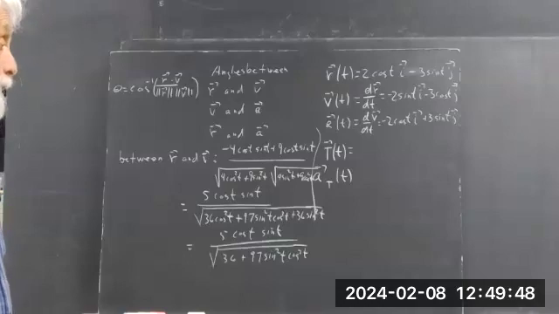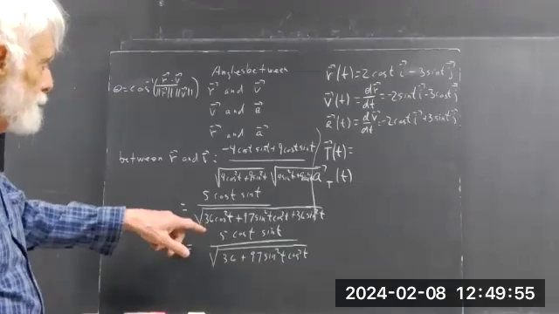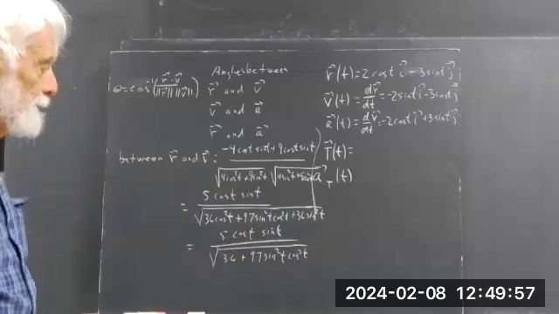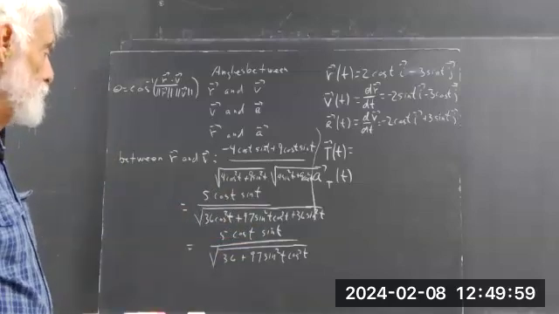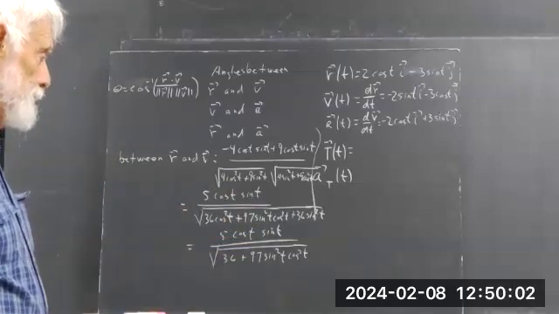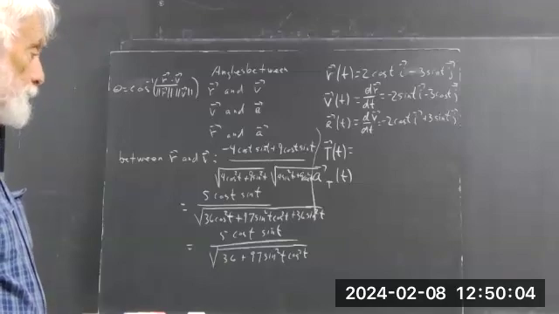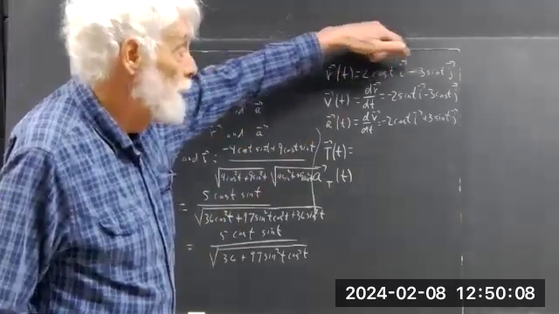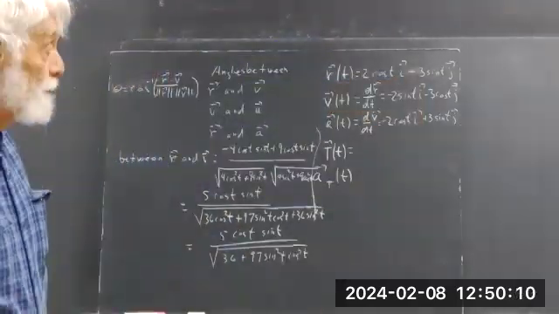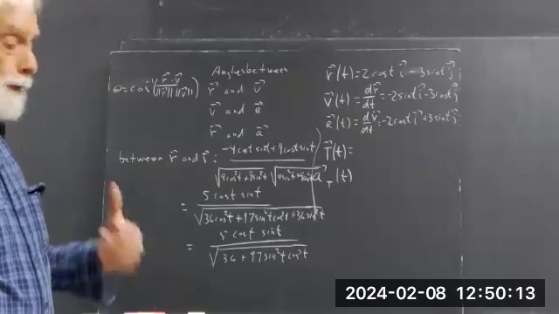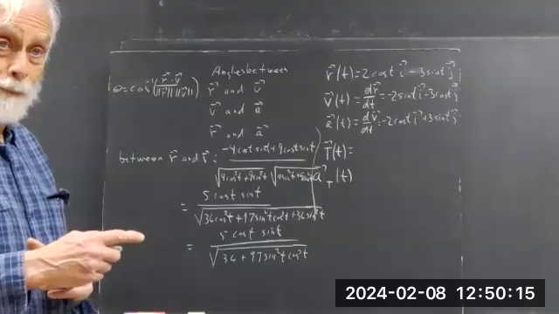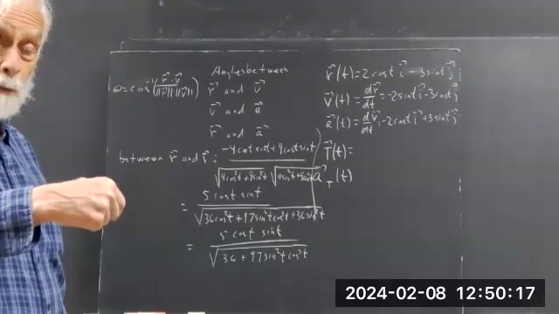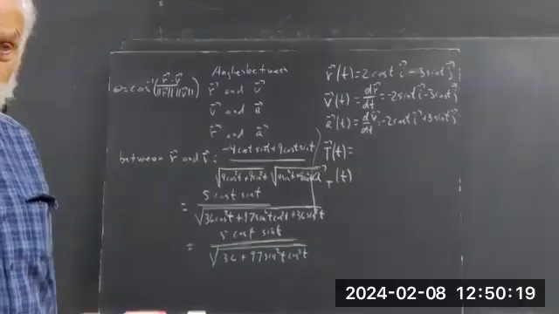Now, if this thing is a circle, then these numbers smooth out and you get a much simpler expression, because your coefficients are both going to be the same. It follows that v is always perpendicular to r, and that the acceleration is always parallel to r but in the opposite direction.